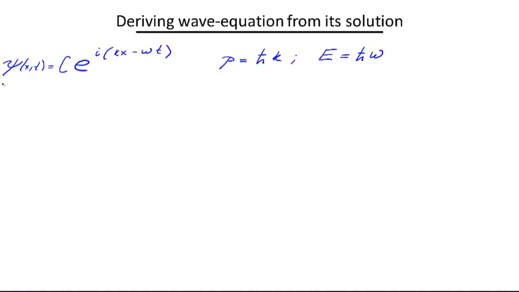So we may as well write this wave function for the electron with momentum p as some coefficient times e to the power i over h bar, (p times x minus energy times t).